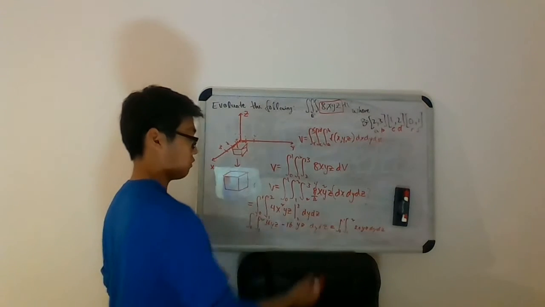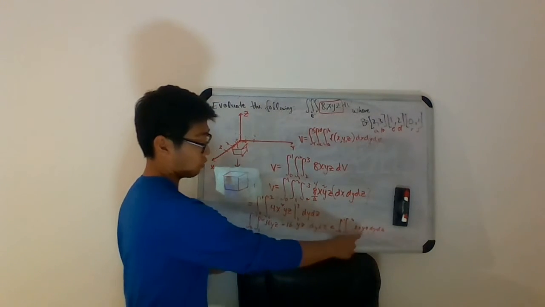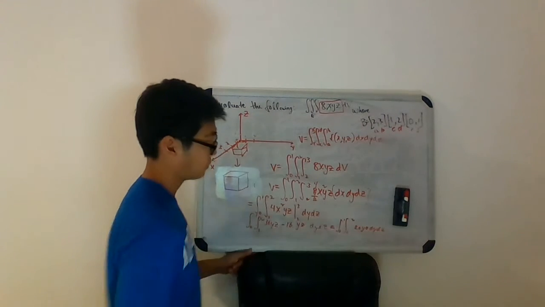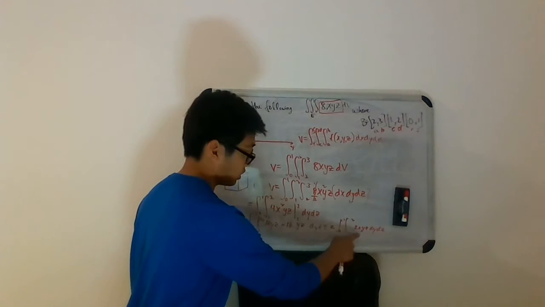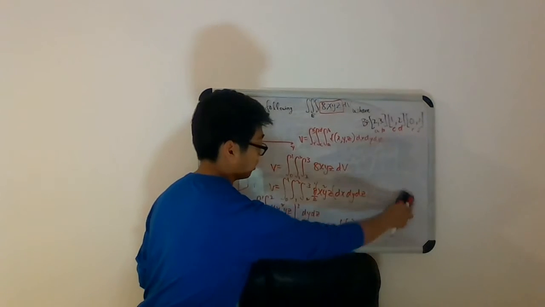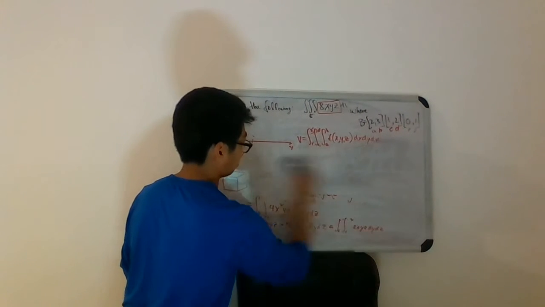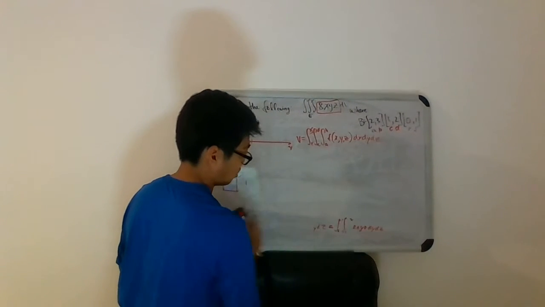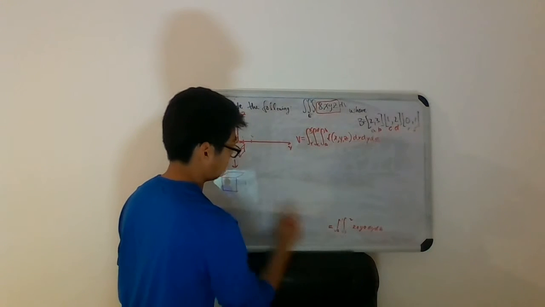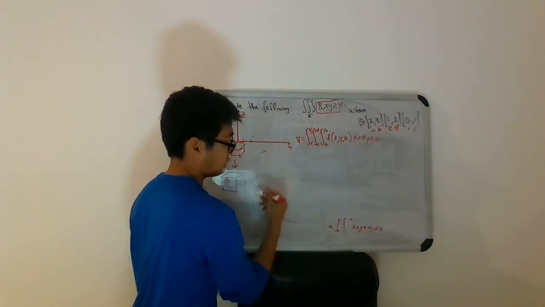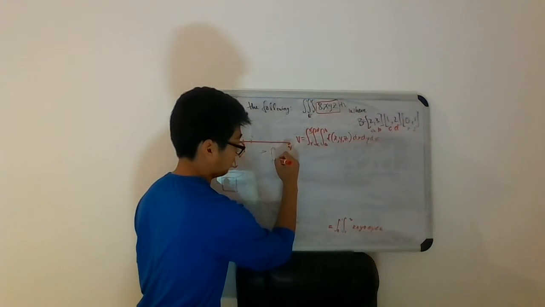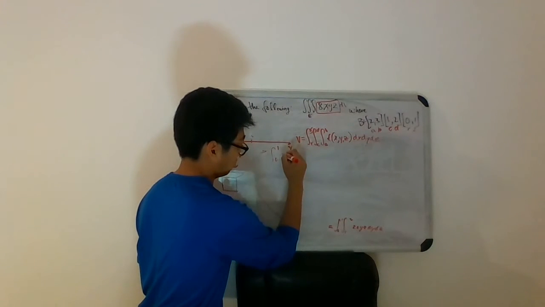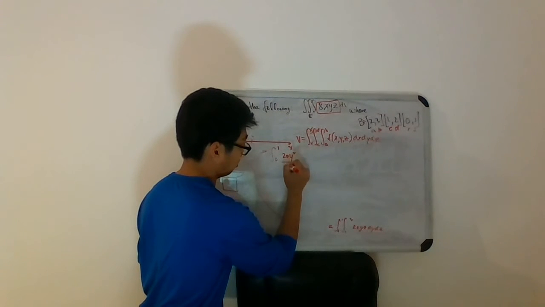And so we do the same thing now with respect to y. Let me erase all this up here. If we integrate this, that'll be 20y squared over 2.